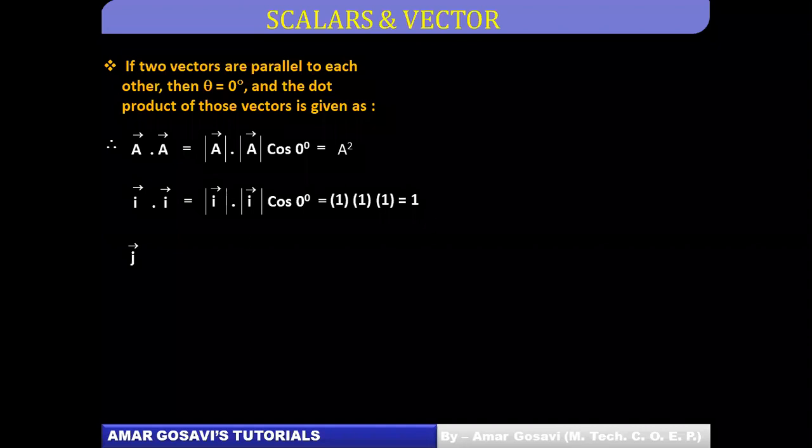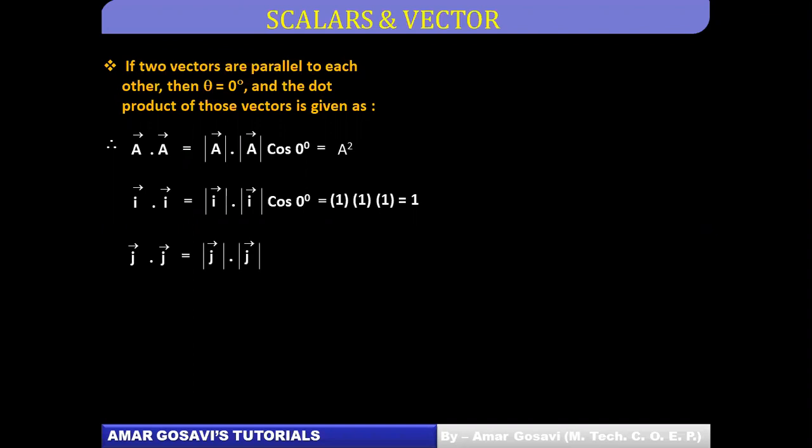Second important thing. Similarly, I can say j cap dot j cap, friends, will be magnitude of j multiplied by magnitude of j, and obviously, what's the angle between j cap and j cap? 0. So it will be cos 0, and cos 0 will be 1. j cap is again a unit vector, so the magnitude of this unit vector will be 1, and the magnitude of the other unit vector will be 1.